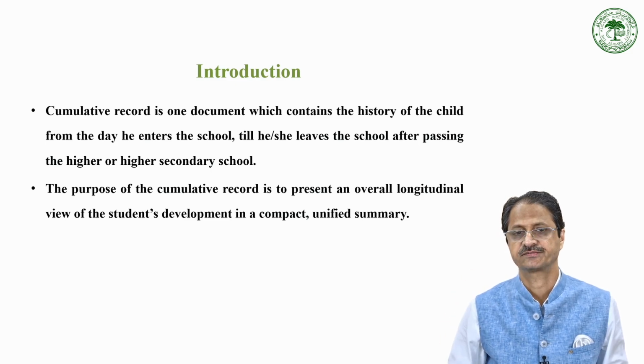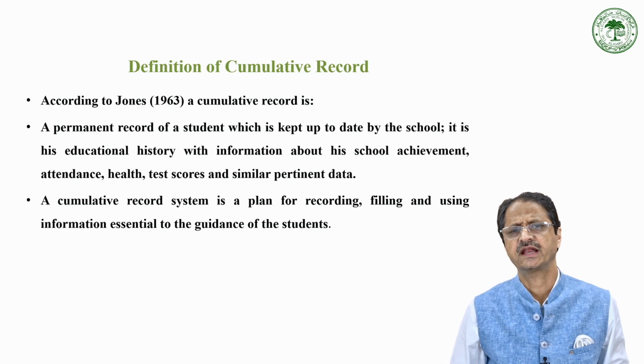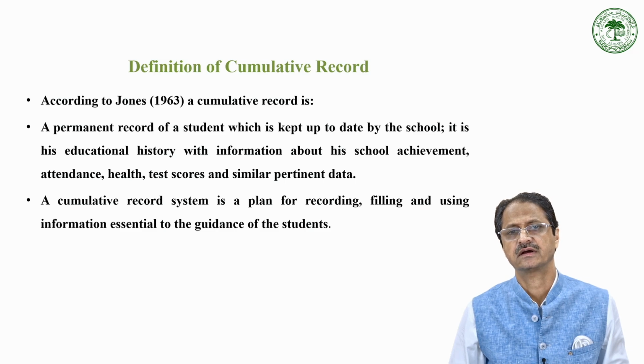If we analyze the definition of the cumulative record given by Jones, it is defined as a permanent record of a student which is kept up to date by the school.